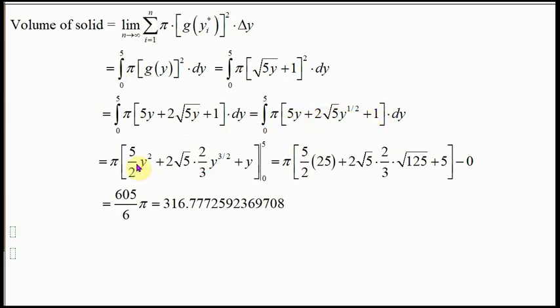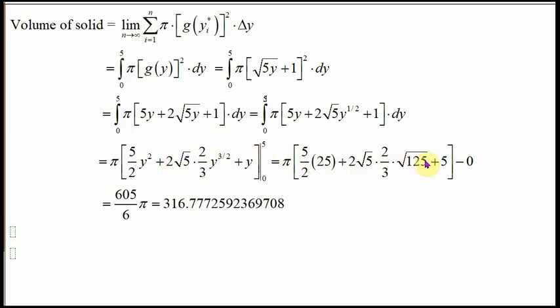We get 5/2 y squared, and then 2 times the square root of 5, and for the y to the 1/2, the antiderivative is 2/3 y to the 3/2. And then the antiderivative of 1 is y. Evaluating from y equal to 0 up to y equal to 5. So when y is 5, this is what we'll get.